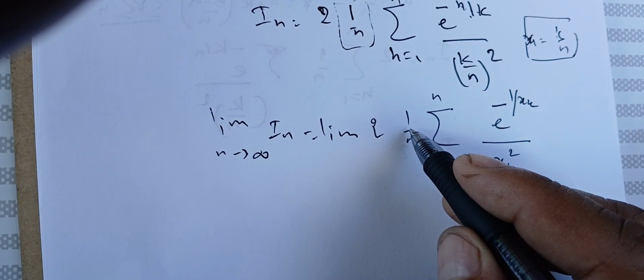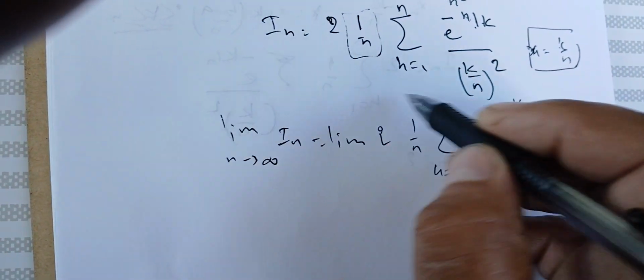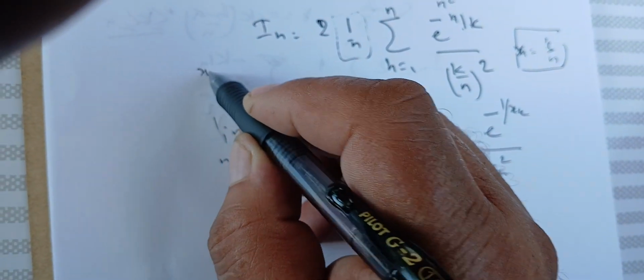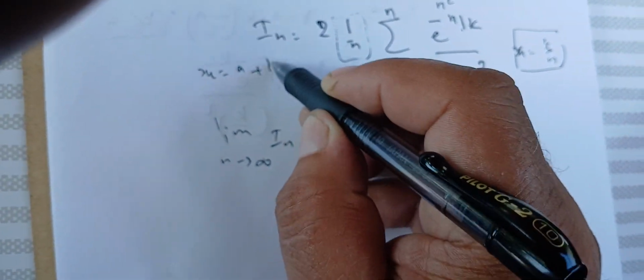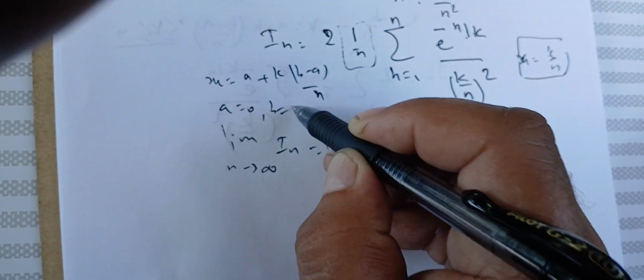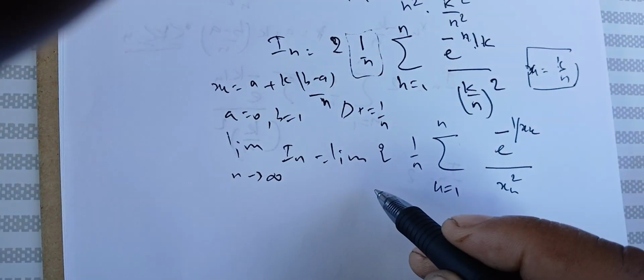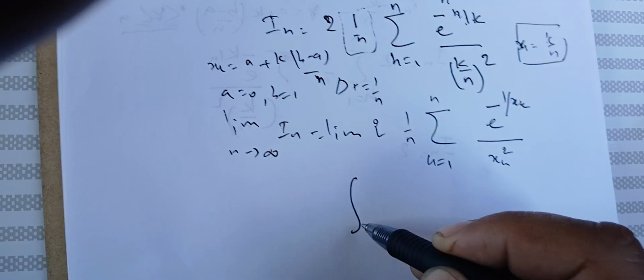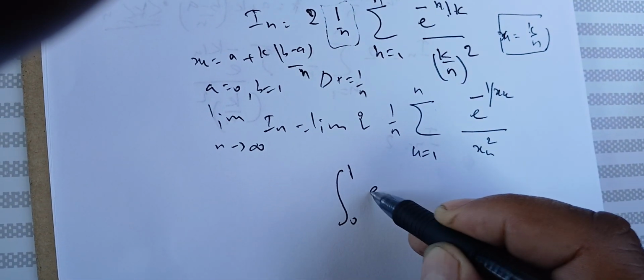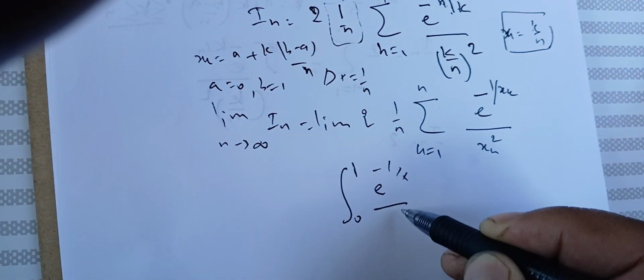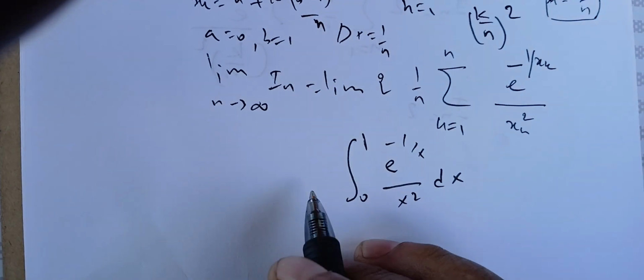And from here I can deduce that if I use these subdivisions, x_k being a plus k(b minus a) over n, with a being 0 and b being 1, delta x is 1 over n. And therefore my integral is between 0 and 1 of e^(-1/x) over x squared dx.